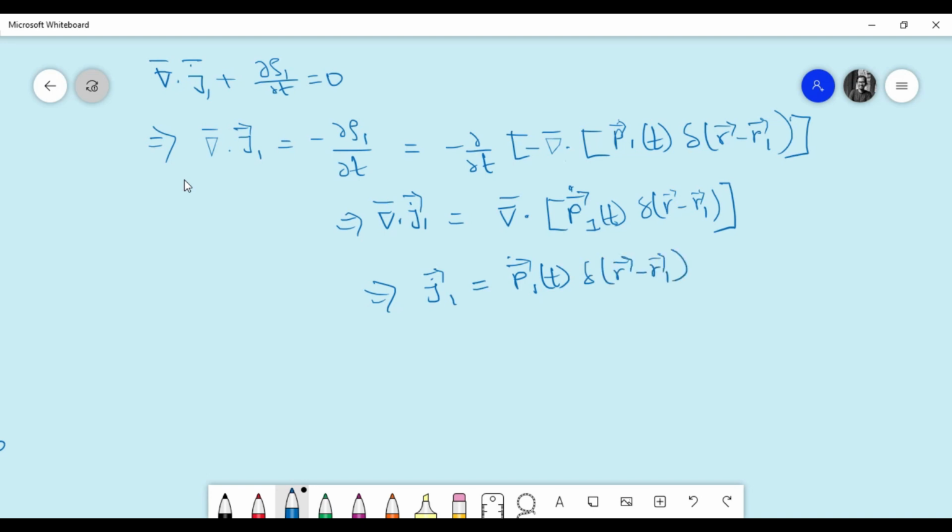And remember, we have assumed that this time dependence is harmonic. So P1(t) will be something like this. If you take the time derivative here, what you get is just a simple scalar factor in front of it. So with that relation, we just get this.